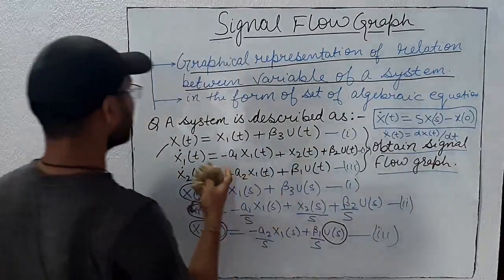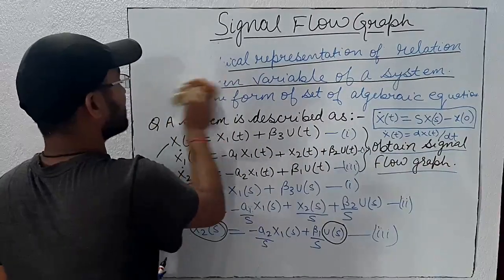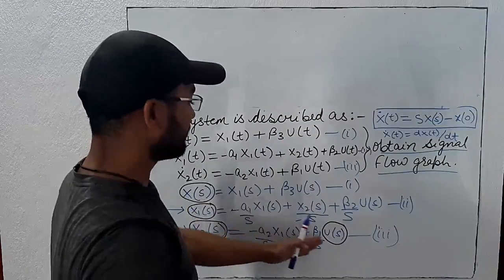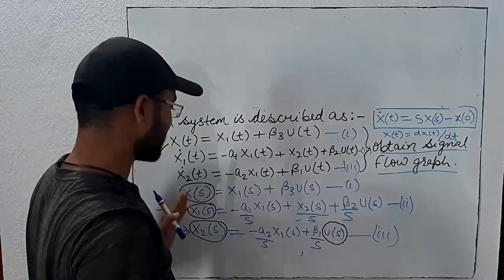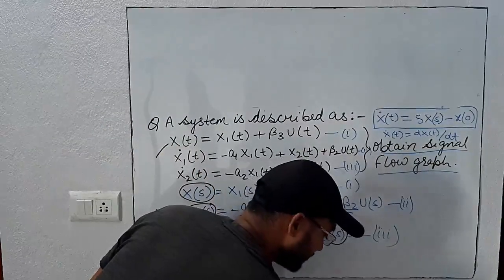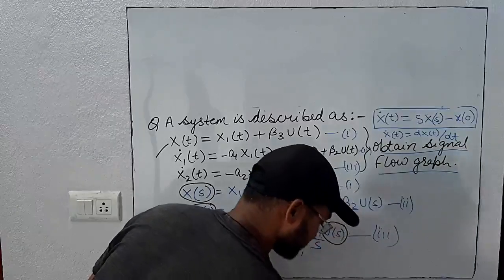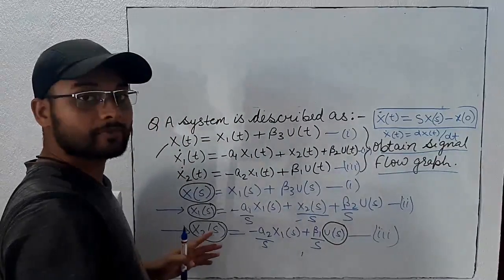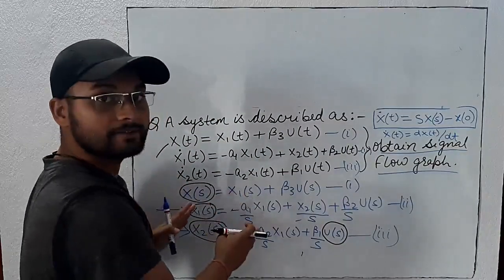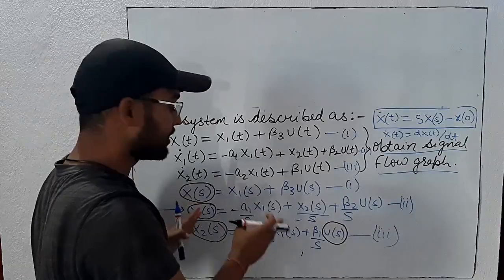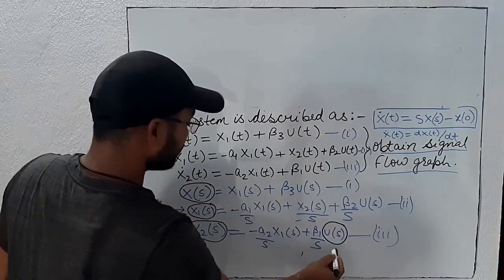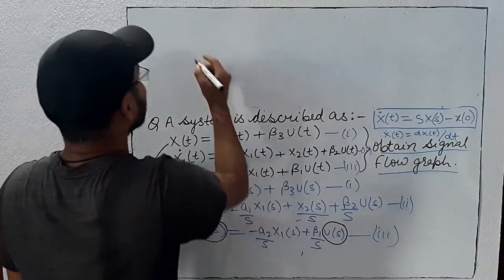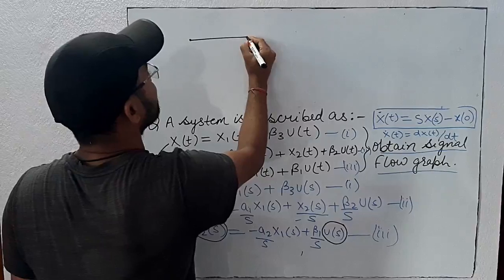So we will see how we obtain the signal flow graph using these three equations. For these four variables x1s, x2s, xs and us, we will represent these three equations in the form of a signal flow graph. First of all, we will take four nodes.